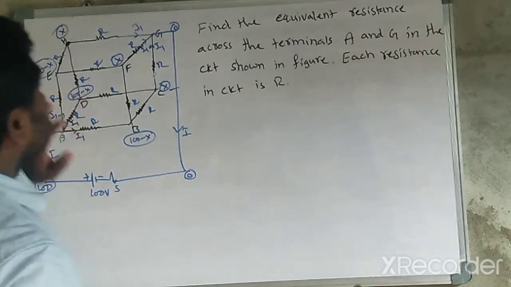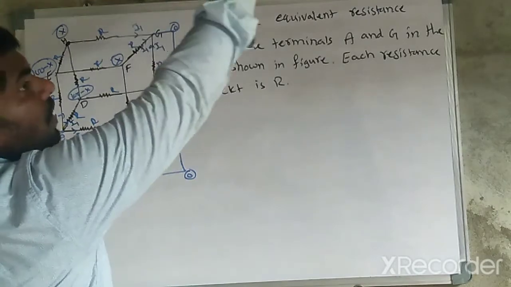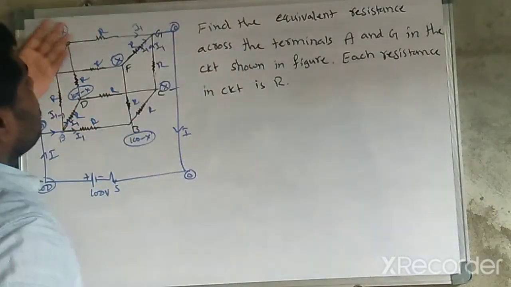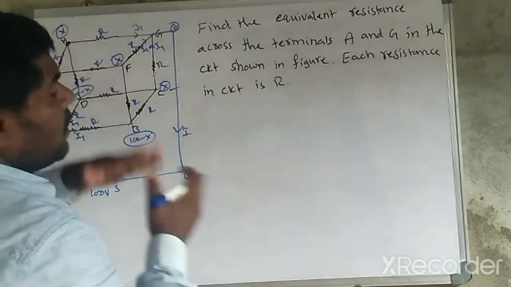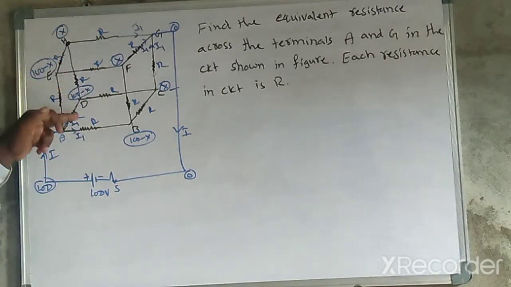By symmetry, along this A and G axis, if we fold it, these resistors are parallel. That's why there is symmetry here.